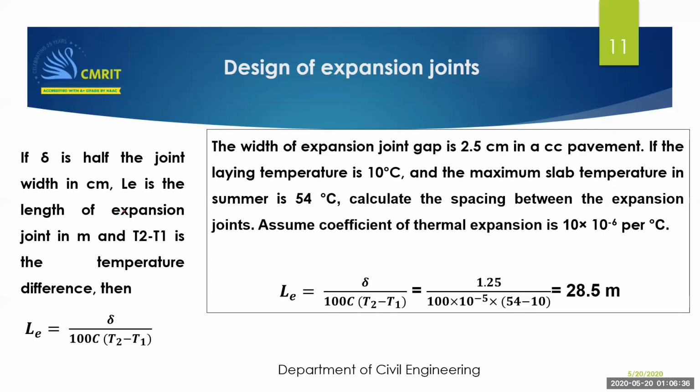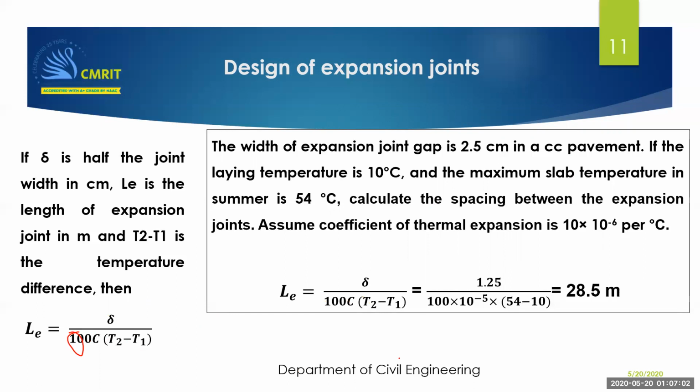From that I can find out the length of the slab, I mean the length of the expansion joint, by using delta, C, T2 minus T1. Please note here I have put 100 because this 100 corresponds to conversion of delta to meter. That's the reason. Then it is just a simple substitution based problem.